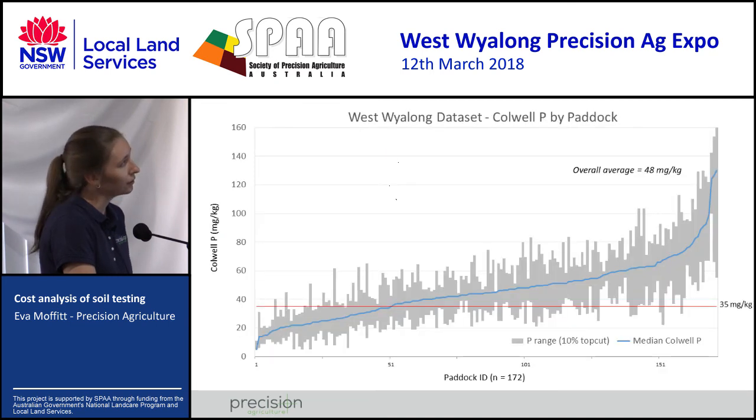So I've just got the phosphorus data in a similar format to the pH data. Interesting to note, our overall average there is 48 milligrams per kilogram. So if we consider the normal critical value for Colwell P being 35 milligrams per kilogram, which is the red line, a significant portion of the data set is above 35.